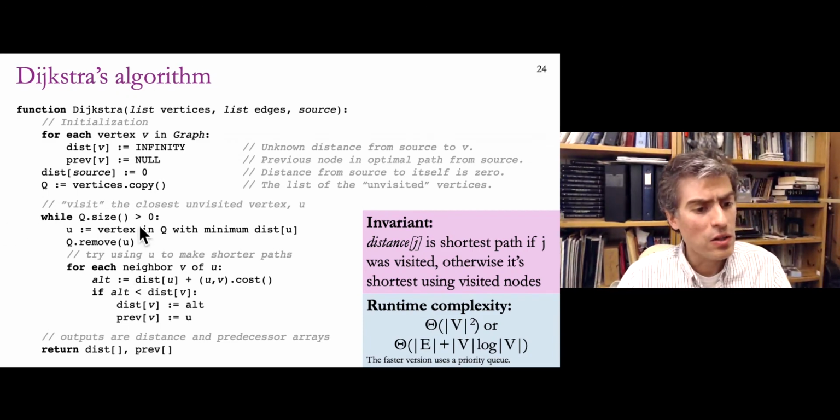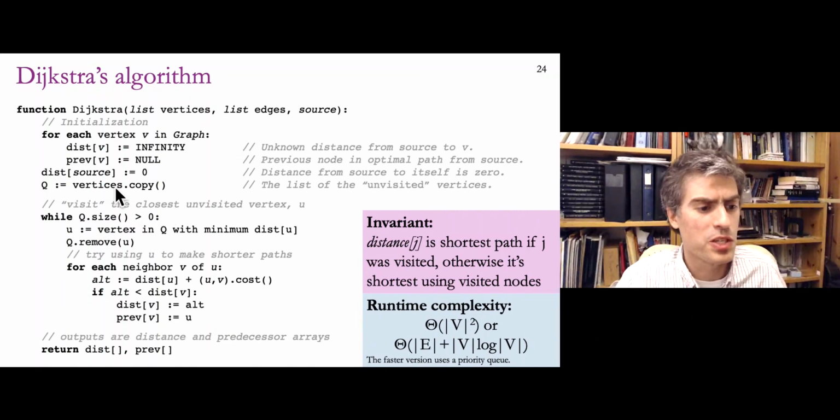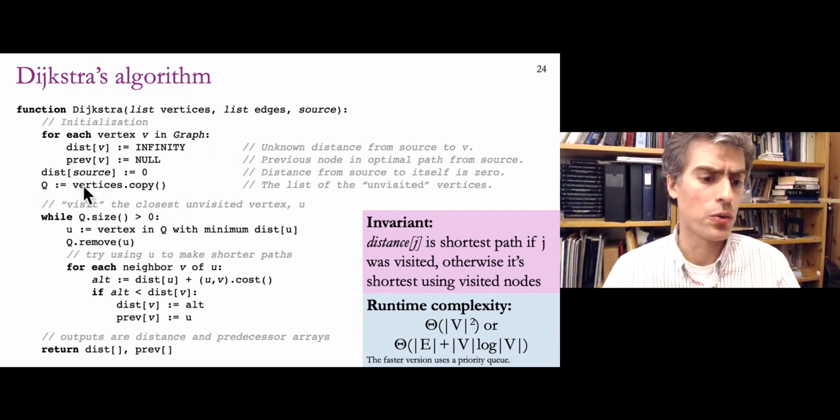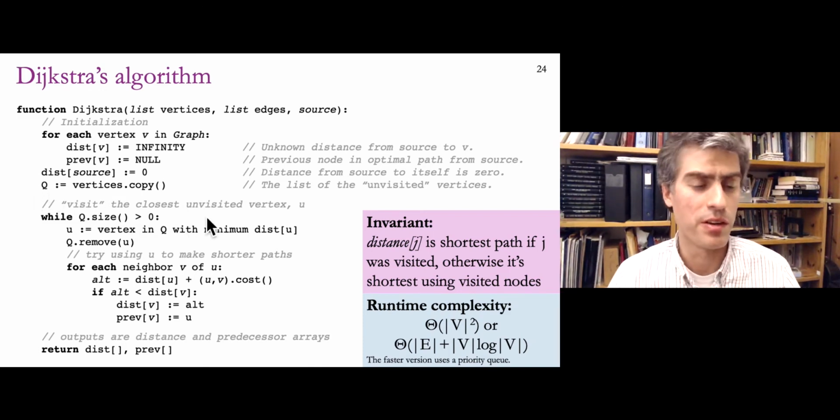So in this while loop, we go through n times, which is the number of vertices. We start off by creating a queue of all the vertices, because we're going to go through them. We pull vertices off the queue to visit, to include in the list of nodes that can be visited. And we have to do that in a particular order.